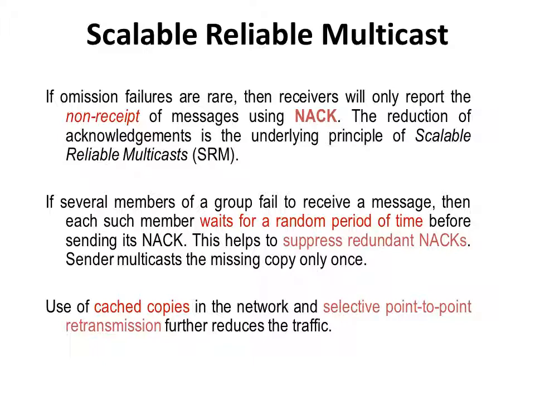So all these three ways are basically ways to provide scalable, reliable multicast, and you need to remember all these three ways. So you could be asked a question on these, and you should be able to explain in your own words. All right.